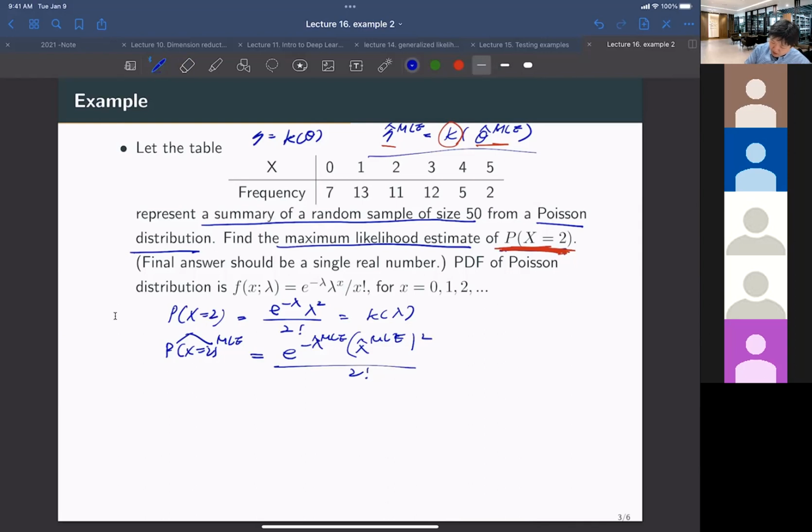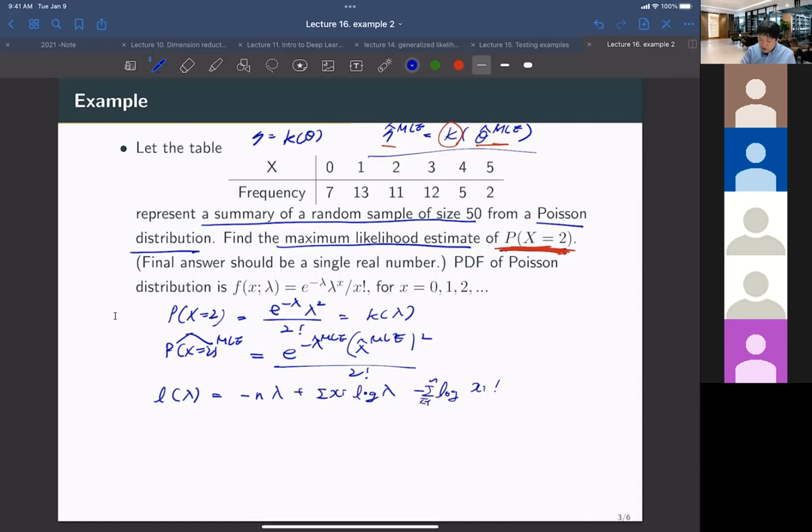Here we have a total of 50 observations, and the log likelihood L(lambda) is minus n lambda plus sum of xi log lambda minus sum of log xi factorial.